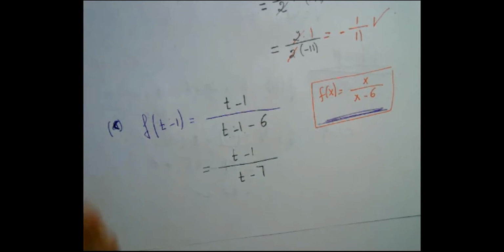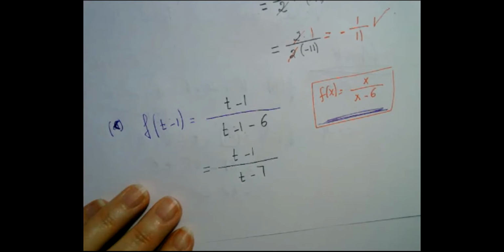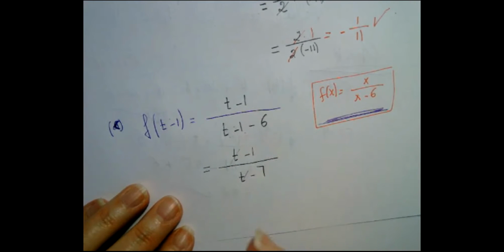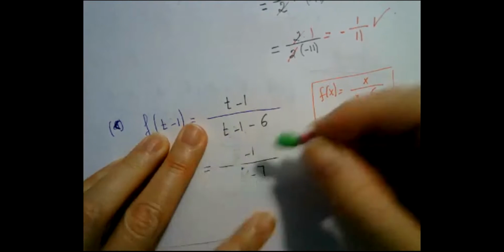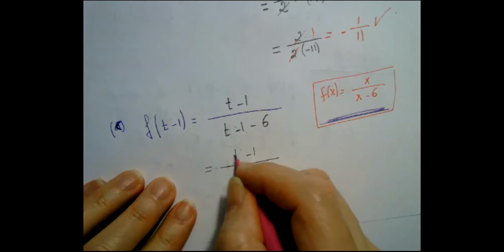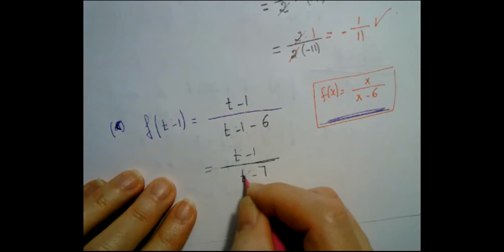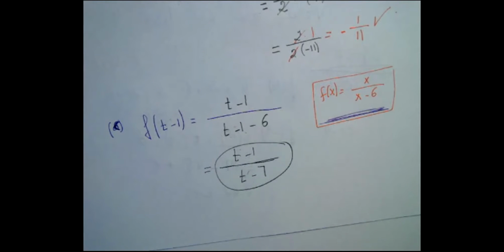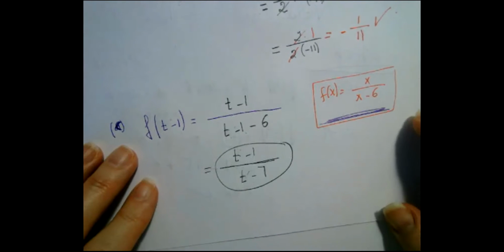That's the answer. Nothing could be done about it. I cannot simplify t and t here because I have a subtraction here. I don't have a multiplication. So the answer is t minus 1 over t minus 7, and that's it. All right?